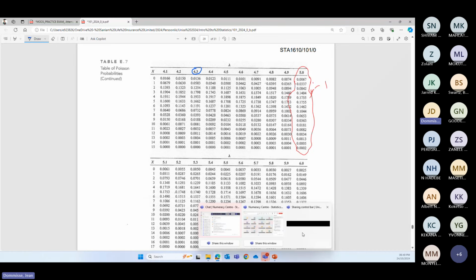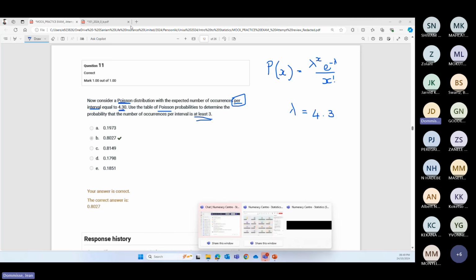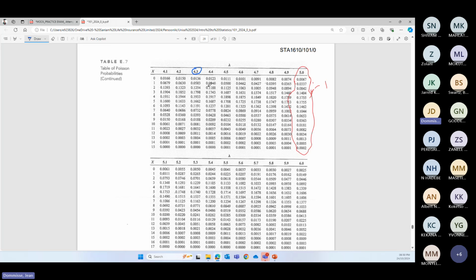They said we need to have occurrences per interval at least 3. So it's 3 or more. So that we need to add all of these ones together. So that will be the 3 or more, or I can say 1 minus 0, 1, and 2, because that will just be so much easier.